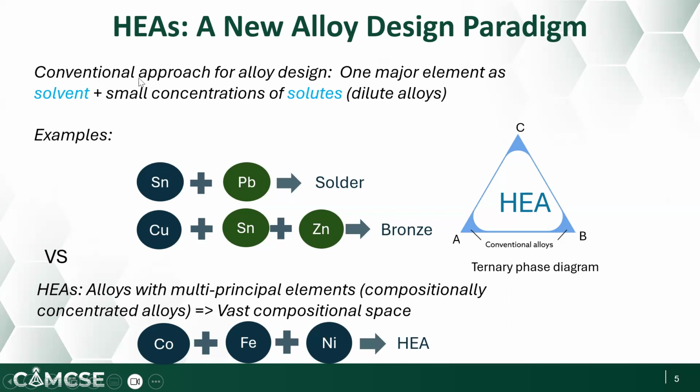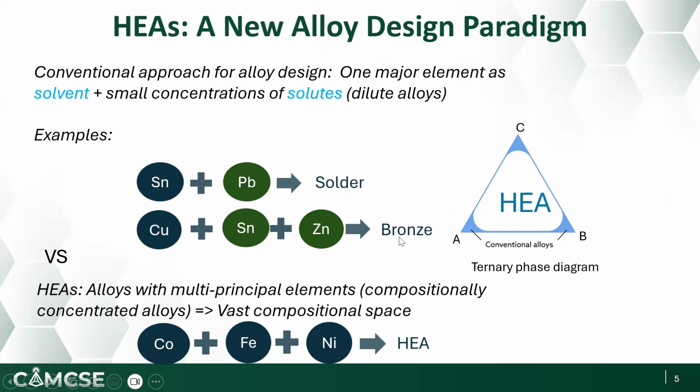In a conventional alloy design approach, you take a major element as a solvent, and then you dope small concentrations of solutes to form so-called dilute alloys. For example, if you want to make a solder, you take tin as a solvent, and then you add a small amount of lead. This gives you a solder alloy.